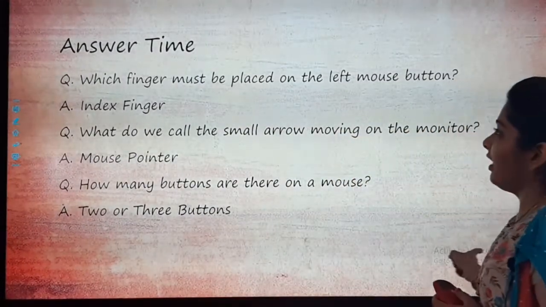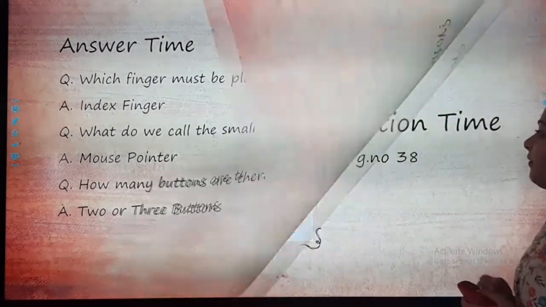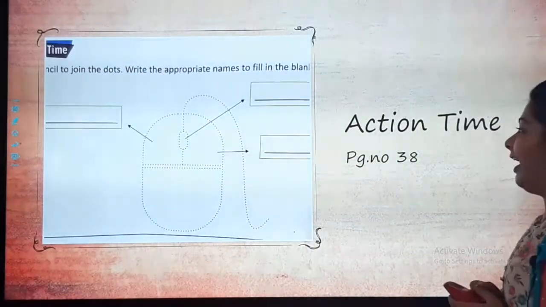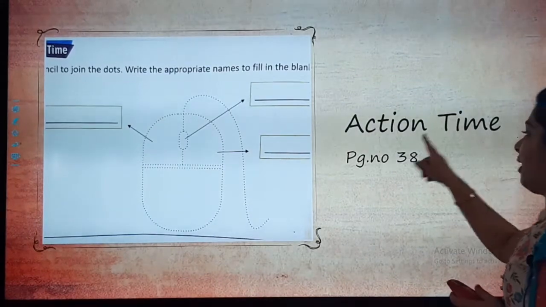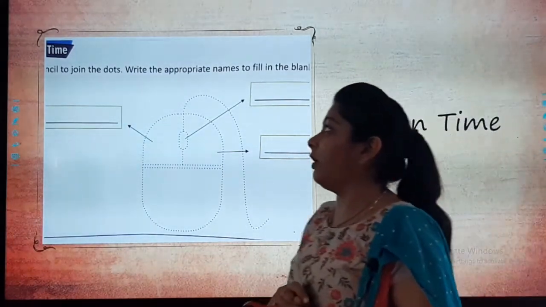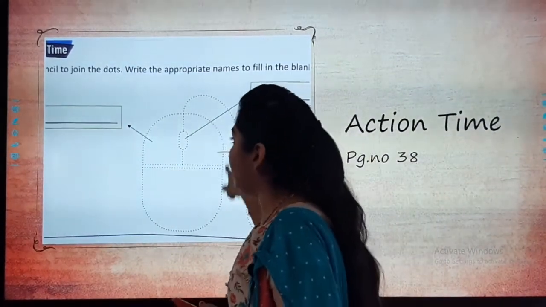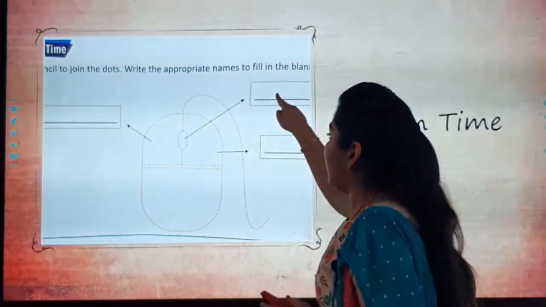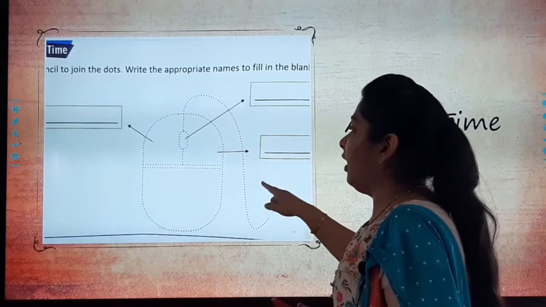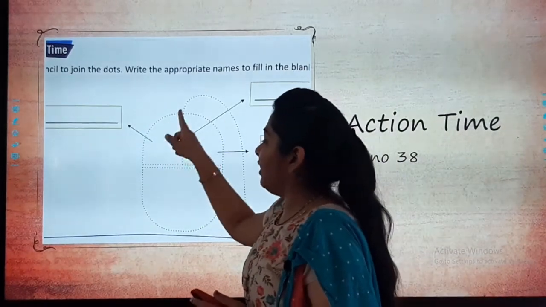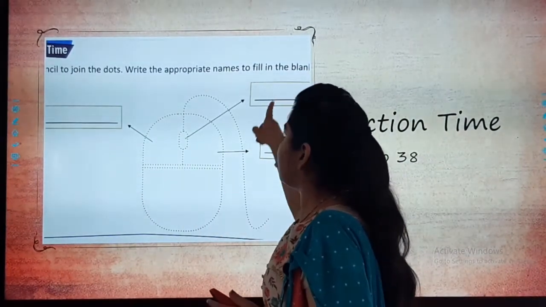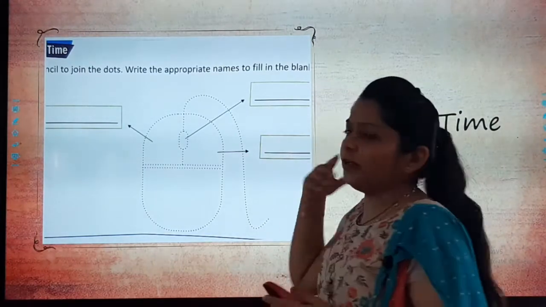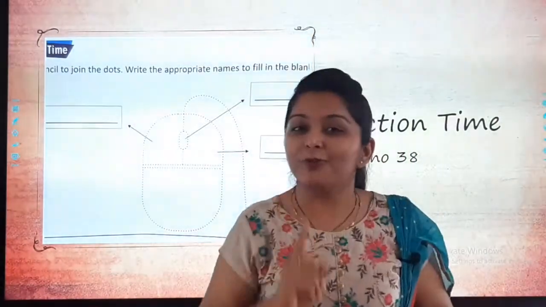The next one and the last one is action time. Now this is the action time on page number 38. You have to join the dots with the help of a pencil. Then you have to fill the boxes. You have to say whether it is a left mouse button or a right mouse button, and what else, you have to choose yourself.